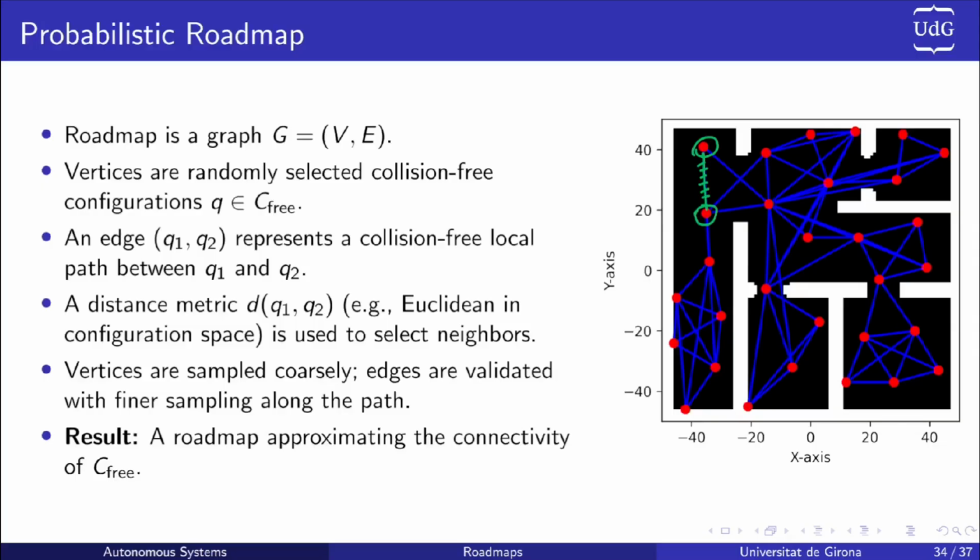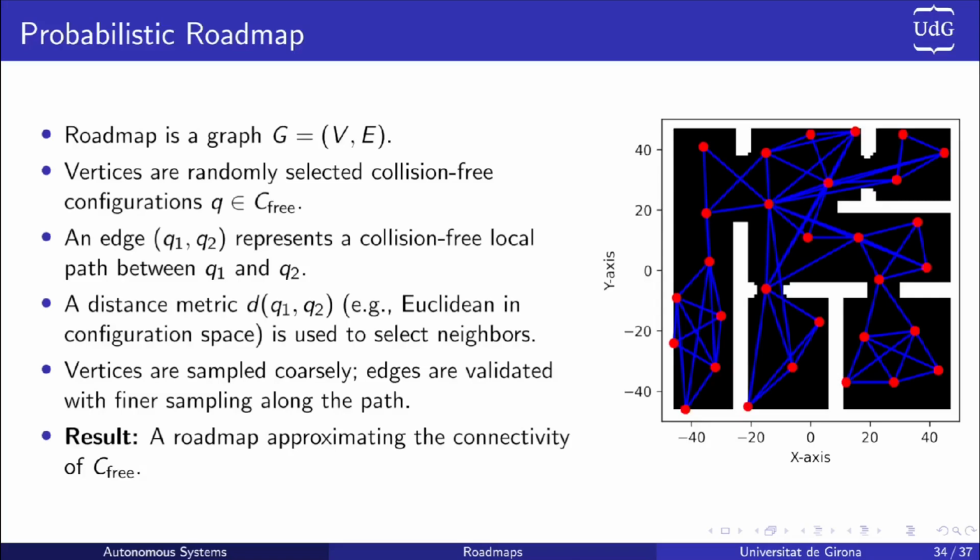If I try to do the same for this and this, I will just connect these two vertices, discretize this path, and because I notice that some of these points are in collision, then I will say, no, this path is not valid. Right now my local planner will be that simple, okay?